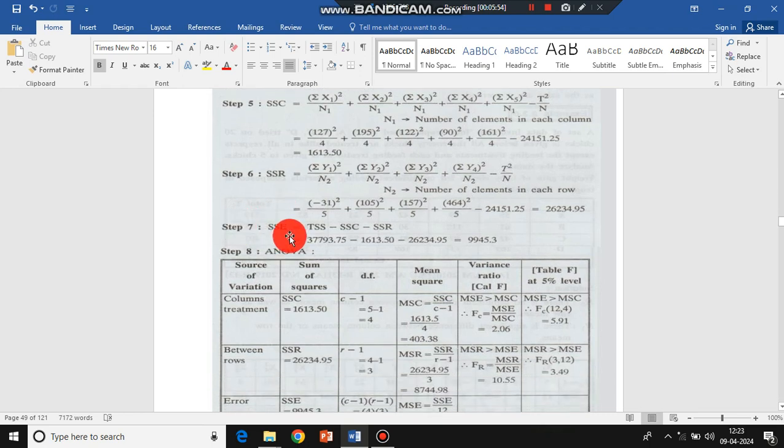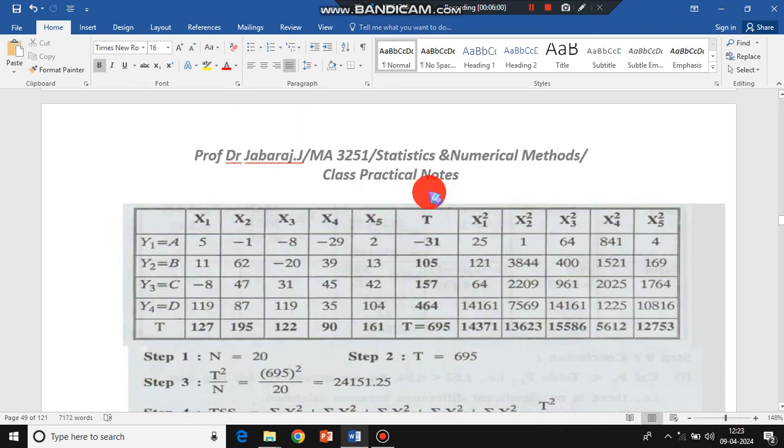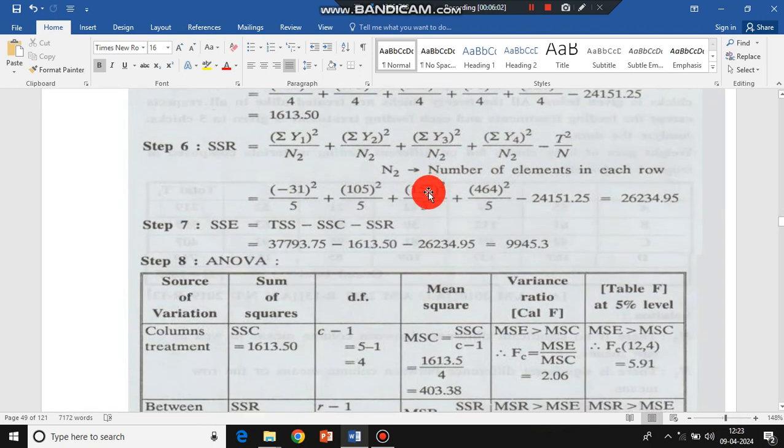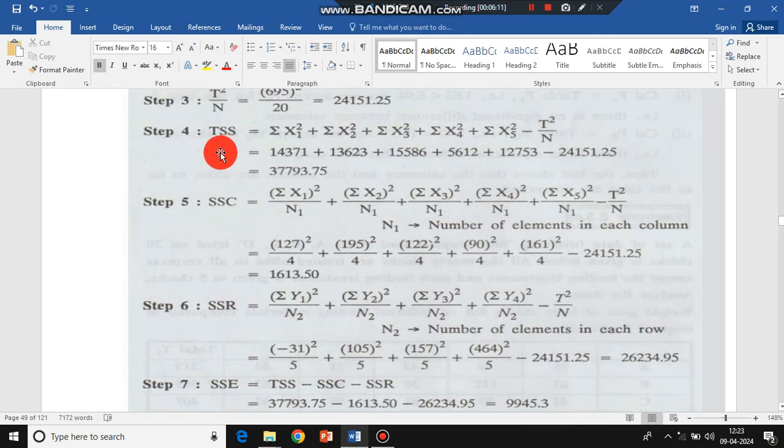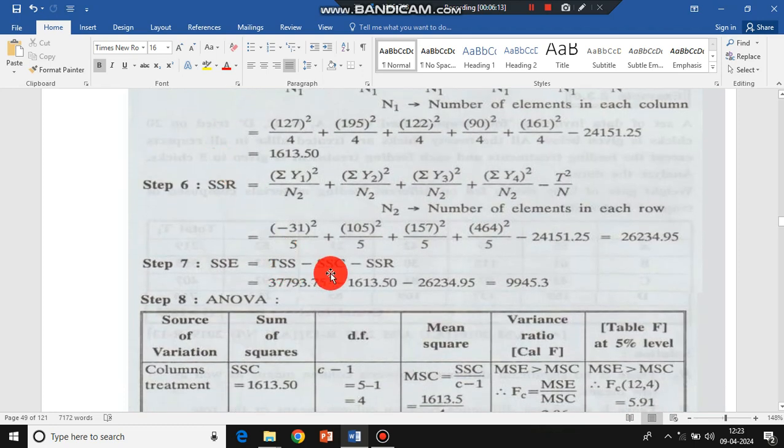So step number 7 is that we are trying to find out SSE. Okay, now what is SSE? Now look at that. SSE means sum of square error. That equals TSS minus SSC minus SSR.